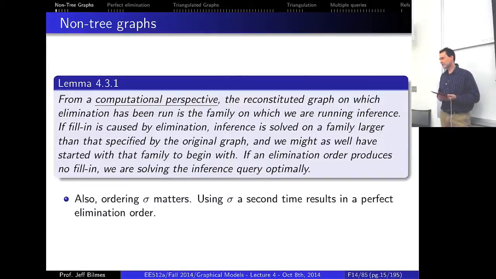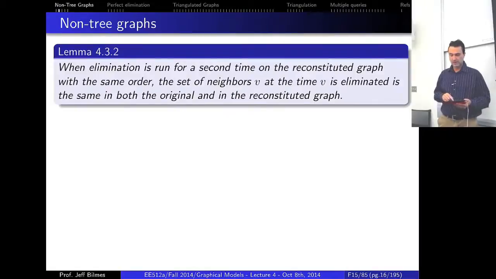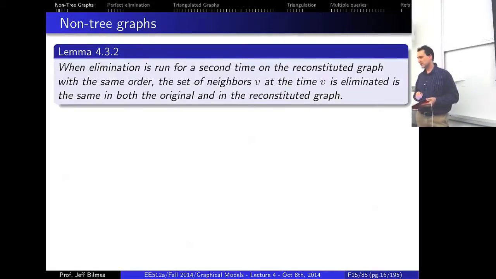The other thing that's important, and this is a new result, is that if we use sigma, the same order a second time, like what if we start from the reconstituted graph, and then we start eliminating the vertices again in the order that we eliminated them in the original graph, that will be a perfect elimination order. And that's important enough to be a lemma.